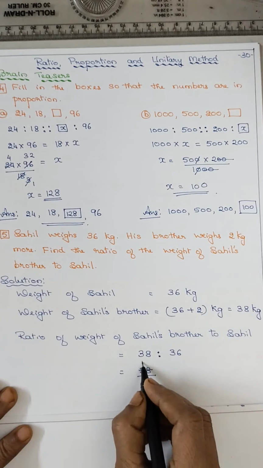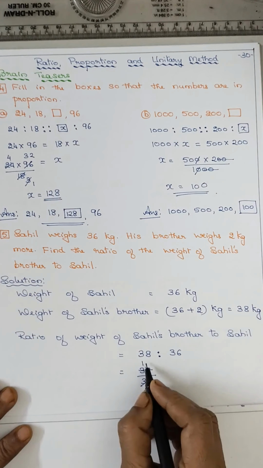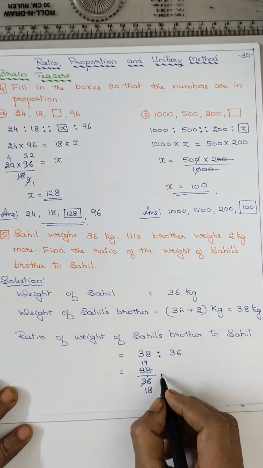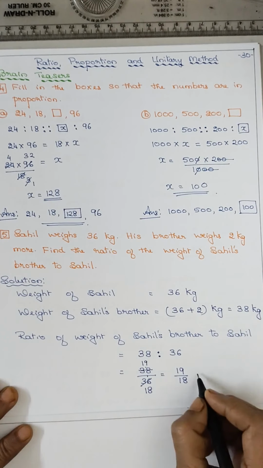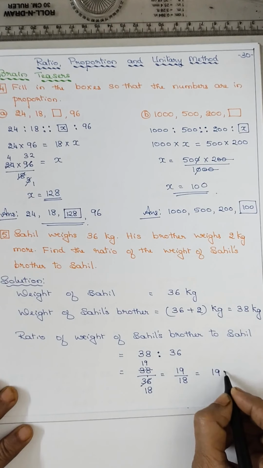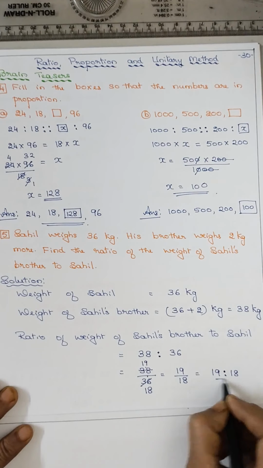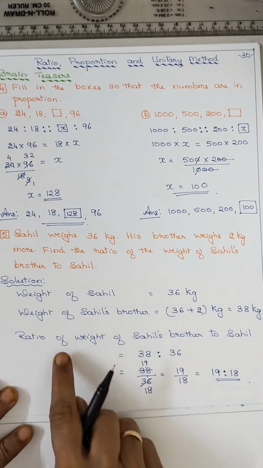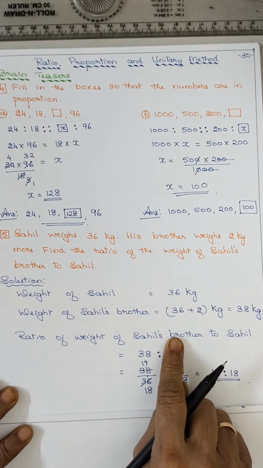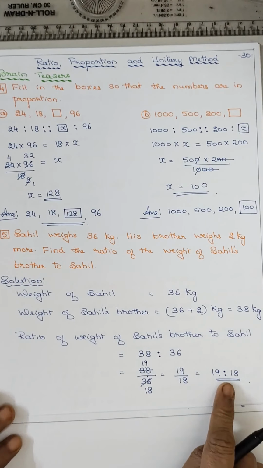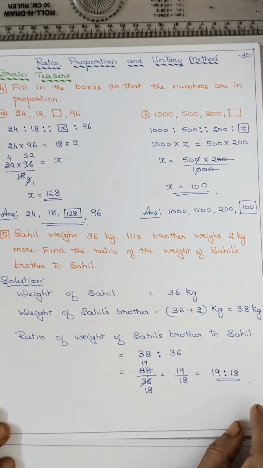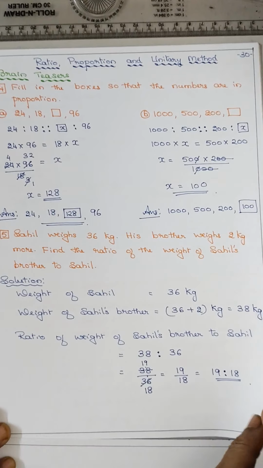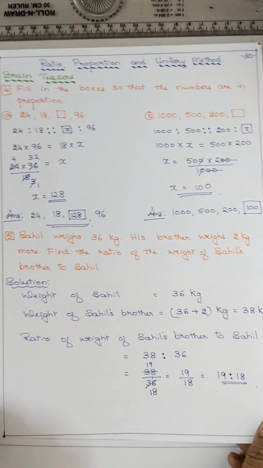Now 2 1s are 1 remains, 2 9s are 18. So 19/18, that is why 19 is to 18. So the ratio of the weight of Sahil's brother to Sahil is 19:18. Hope you understood.